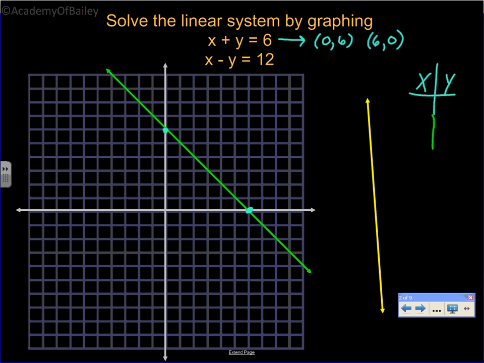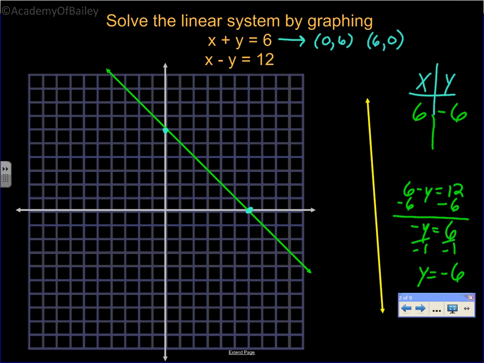So in the first one, if I let x equal 6, so 6 minus y is equal to 12. So we're going to subtract 6 from both sides. So negative y is equal to 6. 12 minus 6 is 6. And then divide both sides by negative 1. And so y is going to be negative 6. So there's 1 point.